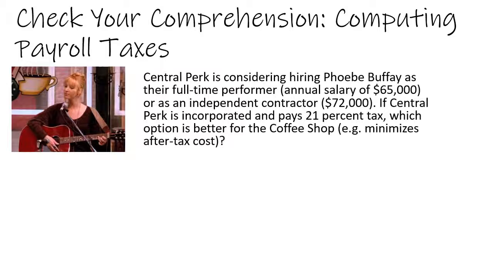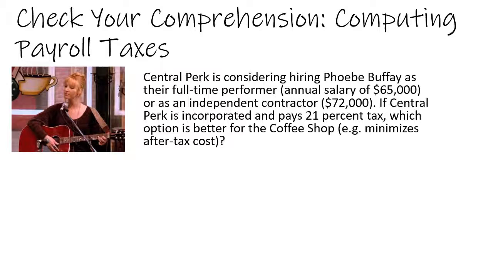But now let's look at the income effect for an employer and why an employer might want to hire a contractor instead of an employee. To simplify this, let's look at Central Perk. And let's assume that they're considering hiring Phoebe as a performer in residence.